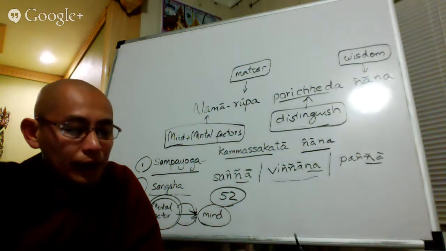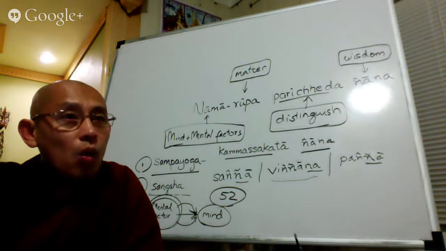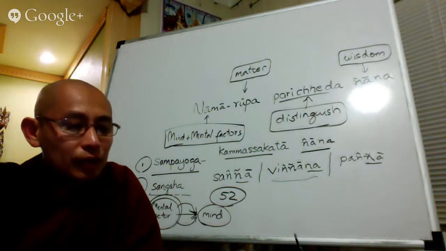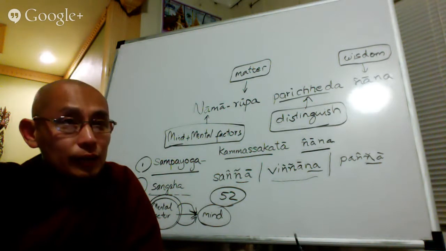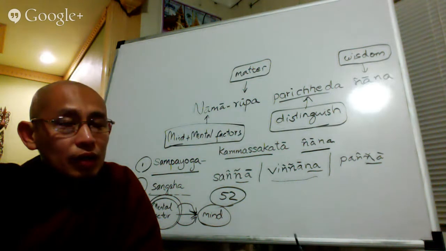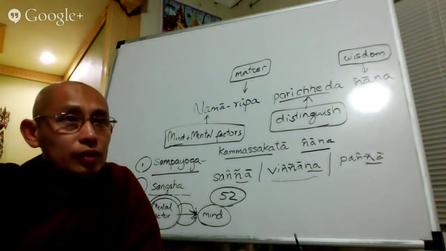And after that, Rupavacara, form sphere consciousness, but not all. Here, form sphere Rupavacara is jhana, with different jhana levels. So vicara is a second jhana factor, so we need to consider which jhana level.